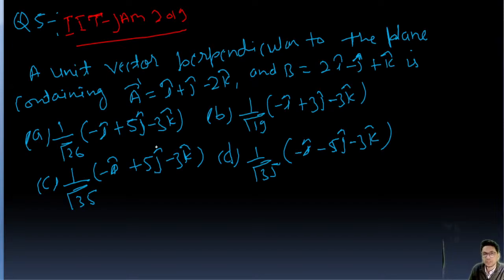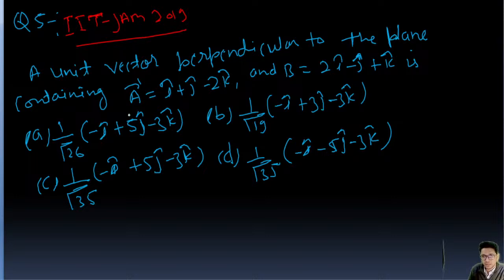So I'm going to solve it here. We are going to solve it by the options, because a unit vector which is perpendicular to these two vectors means the dot product of the unit vector and each vector is going to be 0, because it is cos 90, right?